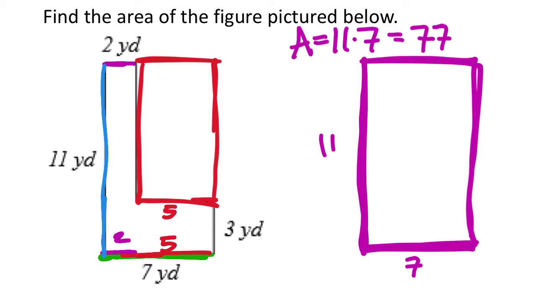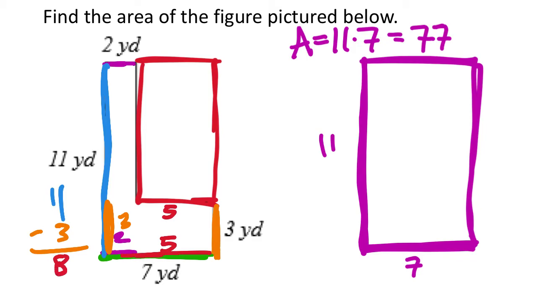So I'd say this 11 right there, and this is 3 here. So the 3 would take up this part. To solve for the red, I'd take the 11 yards and subtract the 3 off the side. And that would tell me the other dimension. 11 minus 3 is 8. So the red rectangle here is 8 by 5.